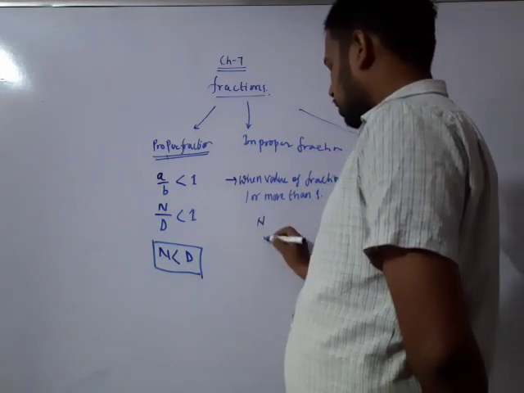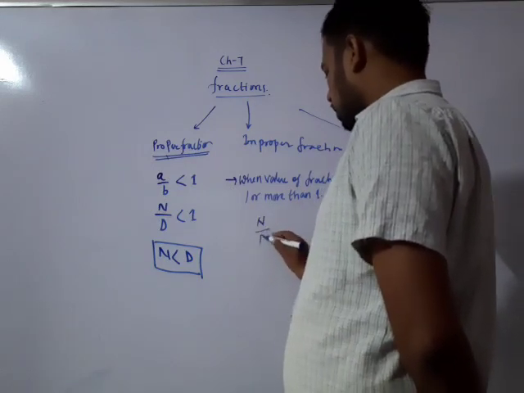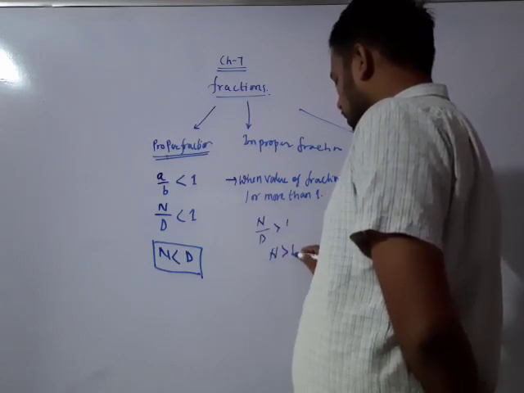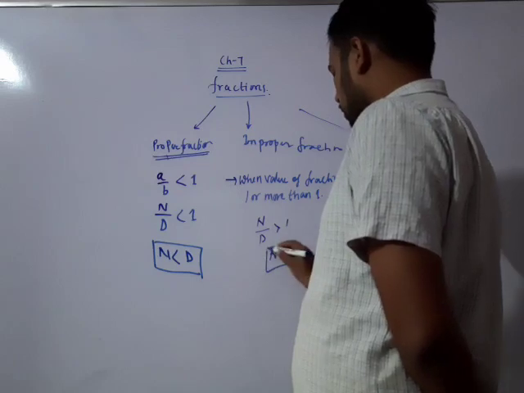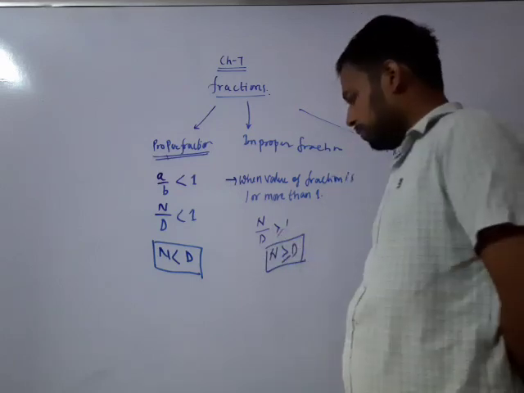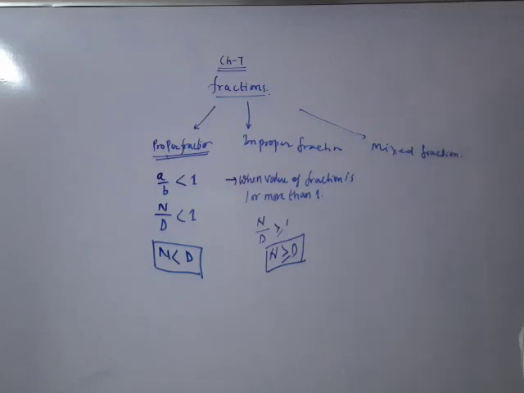Here n upon d will be greater than or equal to 1, which means the numerator will be greater than or equal to the denominator.